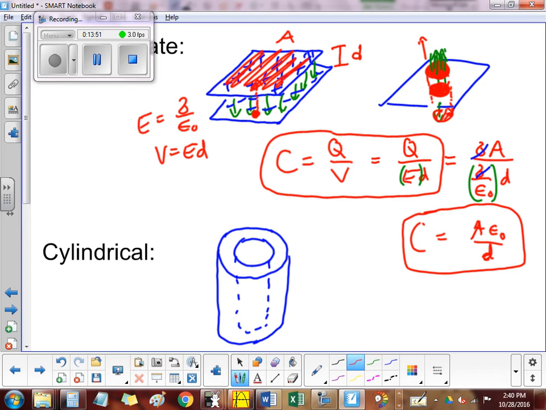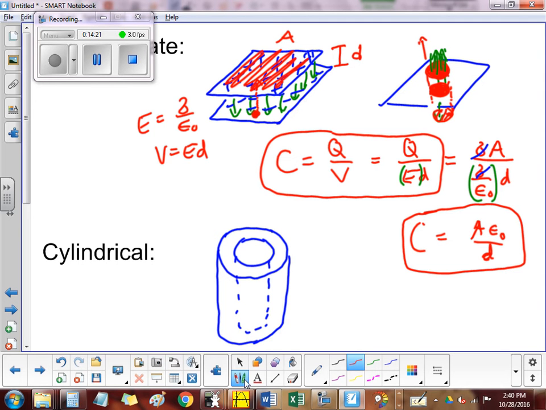They wrap these sheets around into cylinders and try to get them as close together and as big as possible. Okay, epsilon naught is going to change later when we fill the capacitor with a different chemical. If we don't want air or vacuum between the plates, we can fill the surrounding space with a different medium, and that can give a better capacitance as well. So that epsilon naught will increase its value as well.